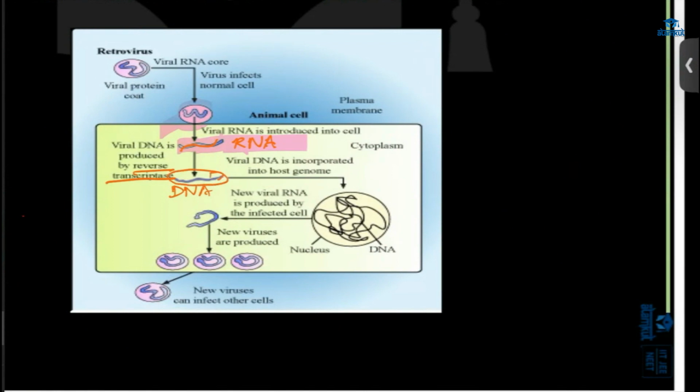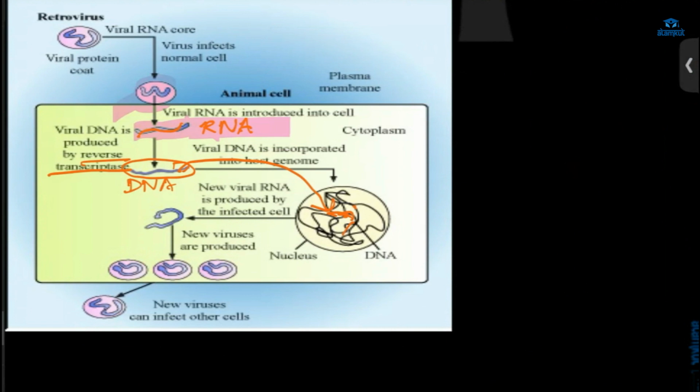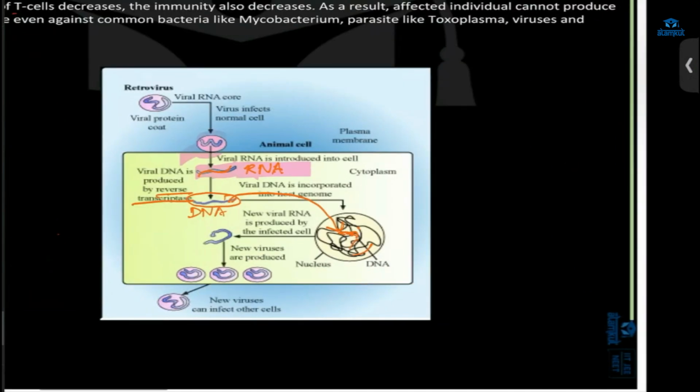With the help of integrase, this DNA strand will integrate into the genome of the animal cell. It will incorporate right here in this DNA. So the DNA of this cell will start producing new viral RNA. So this is the cycle.